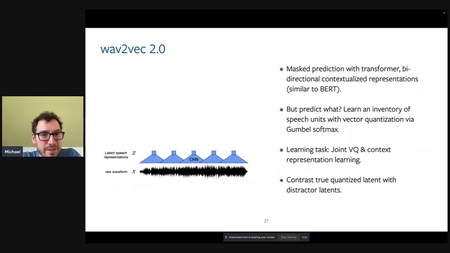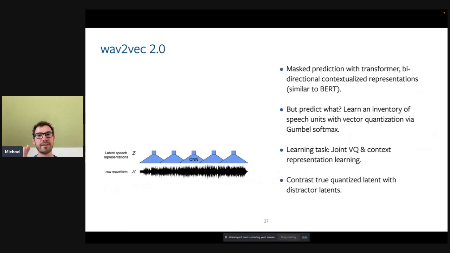For example, me speaking, which I denote as X. And then what we do is we encode it with a multi-layer convolutional neural network into something we call a latent speech representation. But at the end of the day, each one of those triangles still outputs a vector. We run this convolutional neural network, and I think it has about 7 layers.